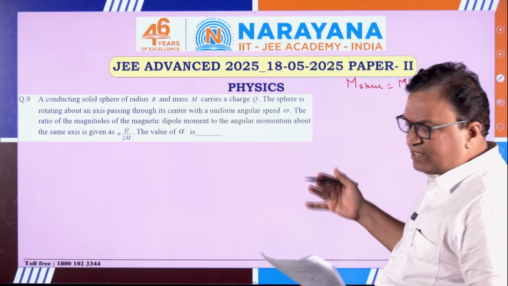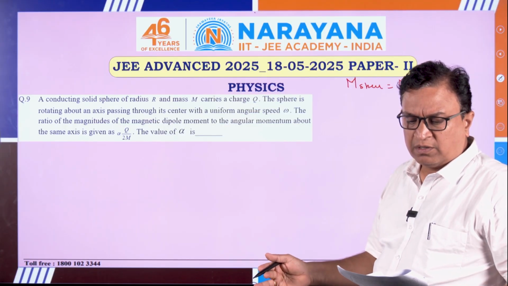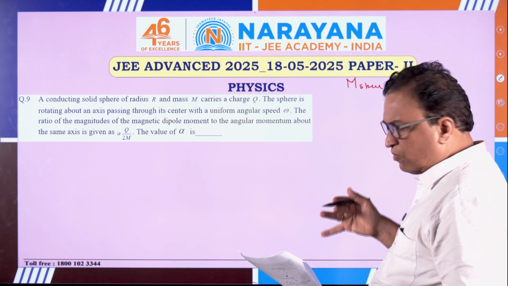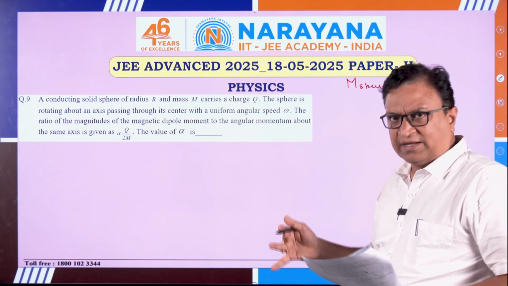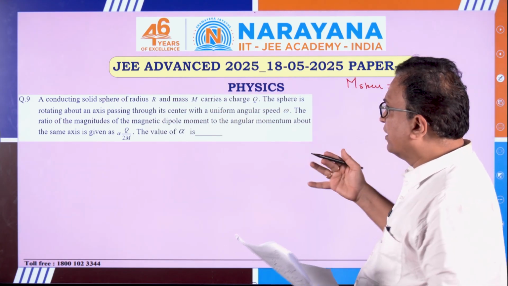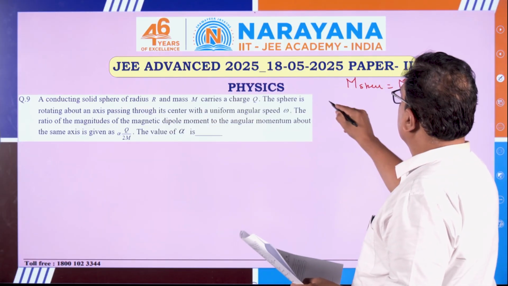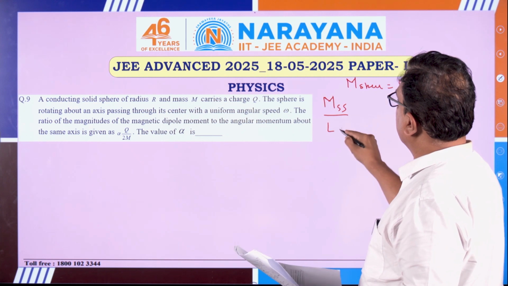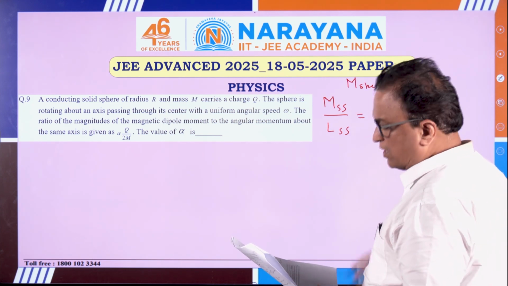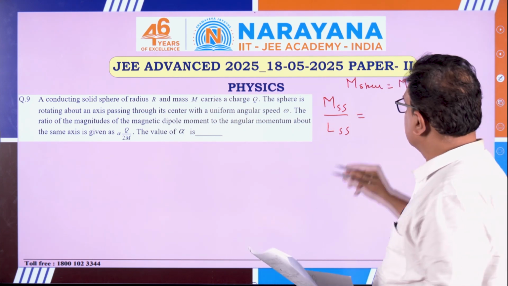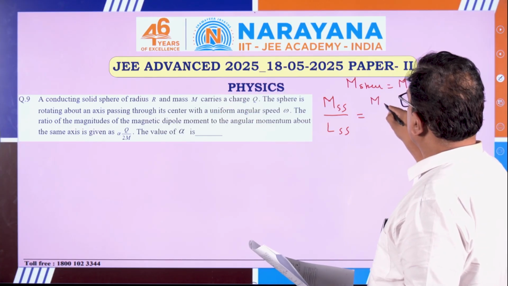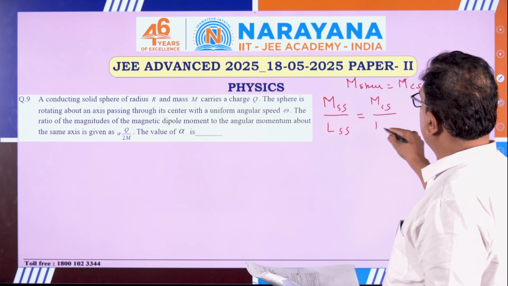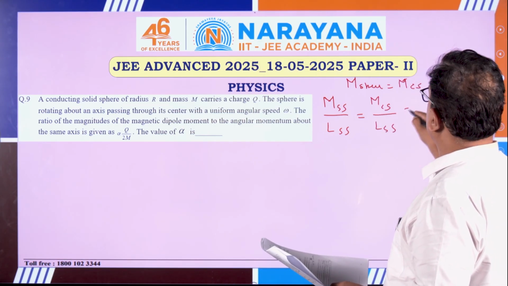If you ask me the same question, in case of a solid sphere, M of solid sphere by L of solid sphere, you can write it as M of the conducting shell by L of solid sphere.